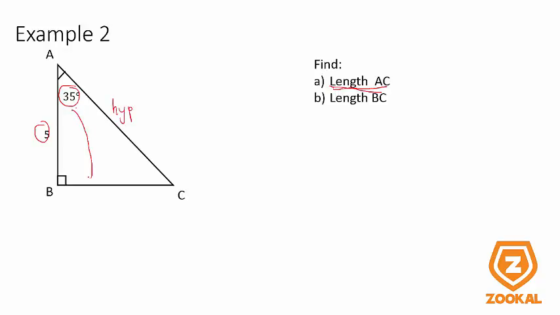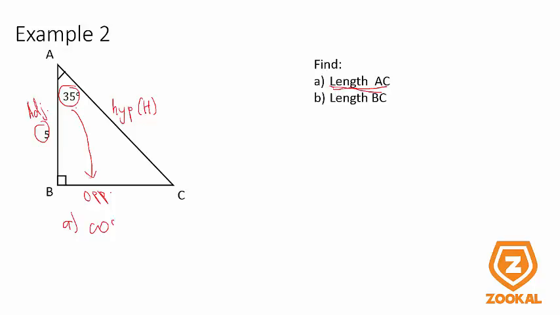This is the opposite to the angle and this is adjacent. Now we want to find H, and we only have A. So the first thing you will think of is the cosine ratio.